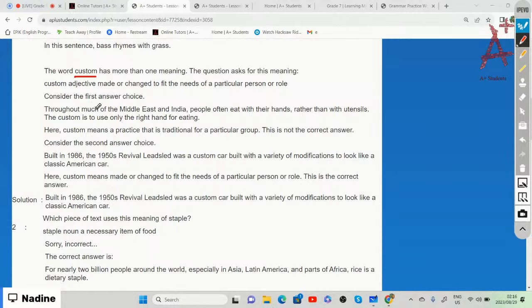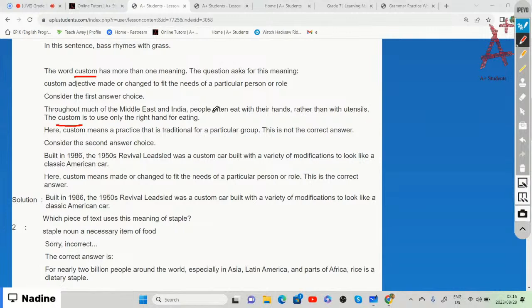And then we have another use of custom over here. It says, throughout much of the Middle East and India, people often eat with their hands rather than with utensils, and the custom is to use only the right hand for eating. In this case, custom is practice, because certain traditions, religions, and cultural practices practice certain things and believe in certain things.